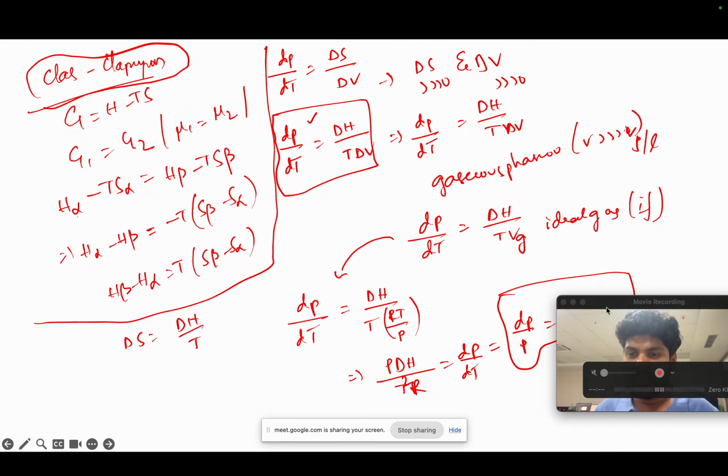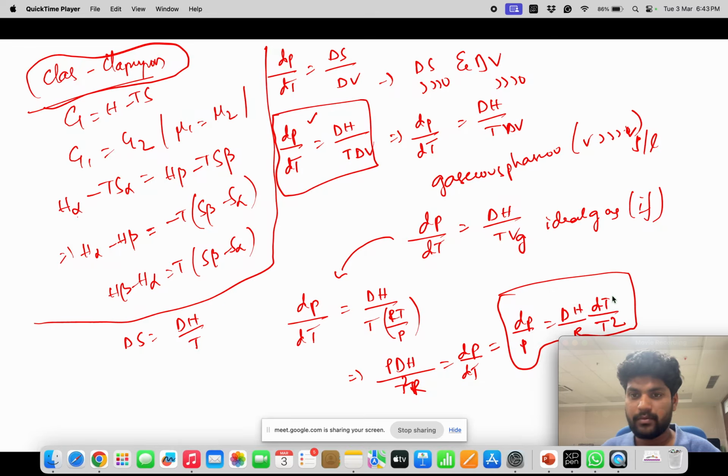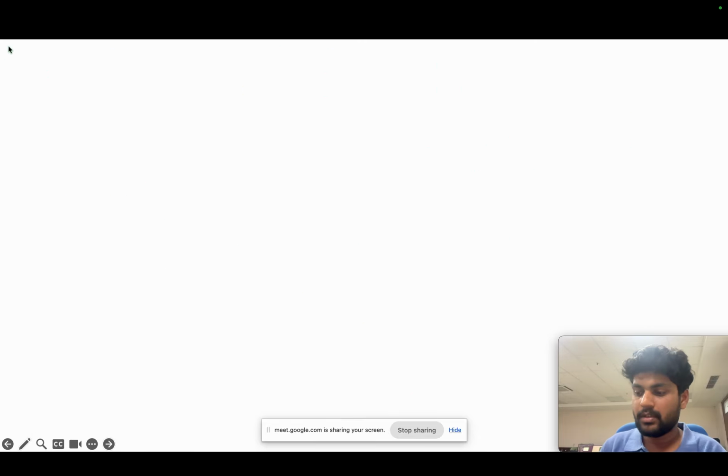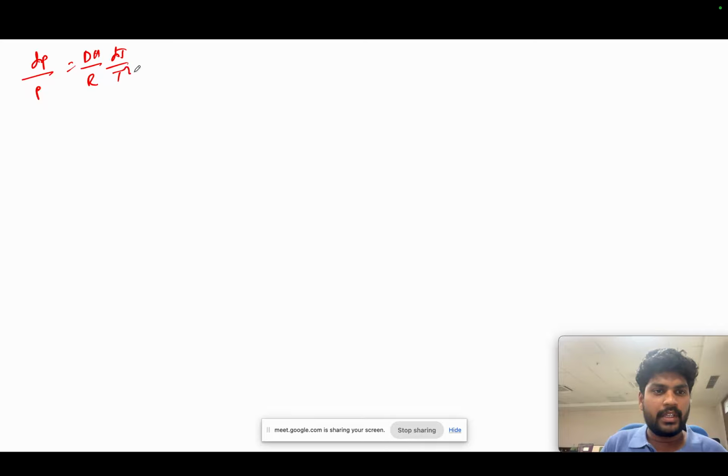From this equation, we have dP by P equals delta H by R dT by T square, which gives d of ln P equals delta H by R dT by T square.